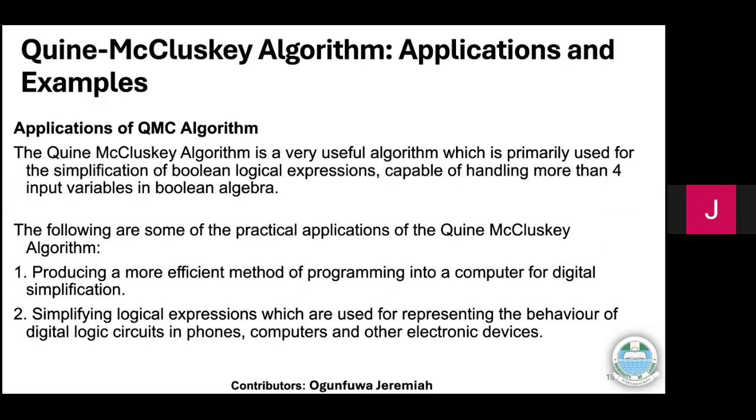The Quine-McCluskey algorithm, also known as the QMC algorithm, is primarily used for simplification of Boolean logical expressions, and it is capable of handling more than 4 input variables in Boolean algebra, unlike the earlier mentioned methods.